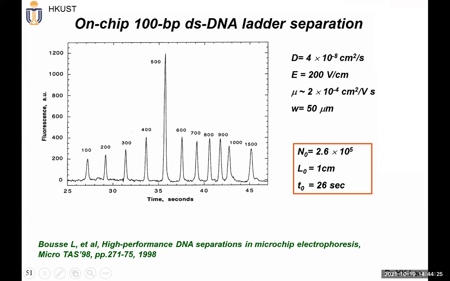Of course, the key thing when we look at this microchannel for DNA separation by microelectrophoresis, what's the key thing? As I mentioned, it depends on size. If your microchannel diameter is much smaller, you can actually do this kind of DNA separation much more efficiently.